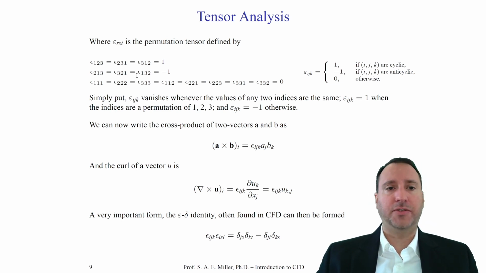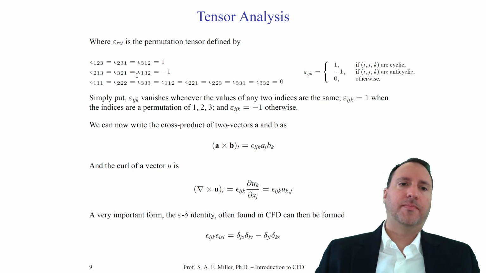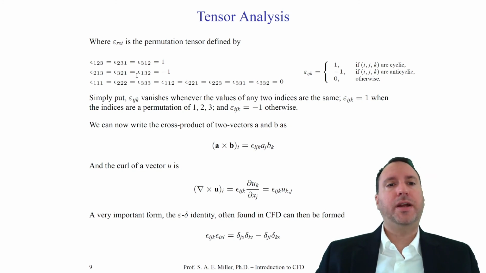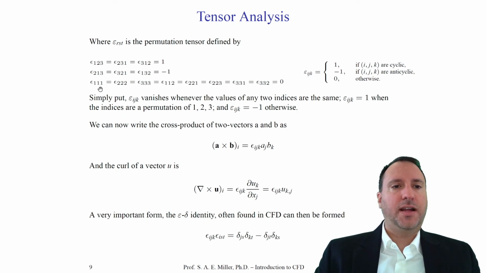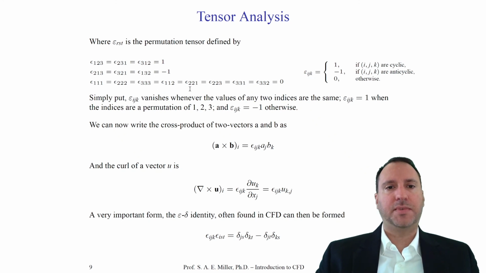Anytime you have 3 unique indices of 1, 2, and 3, then you can check whether they are cyclic or anticyclic. If you see any 2 of the 3 indices repeating, for example, epsilon 2, 2, 1, the 2's are repeating, then the value is 0.